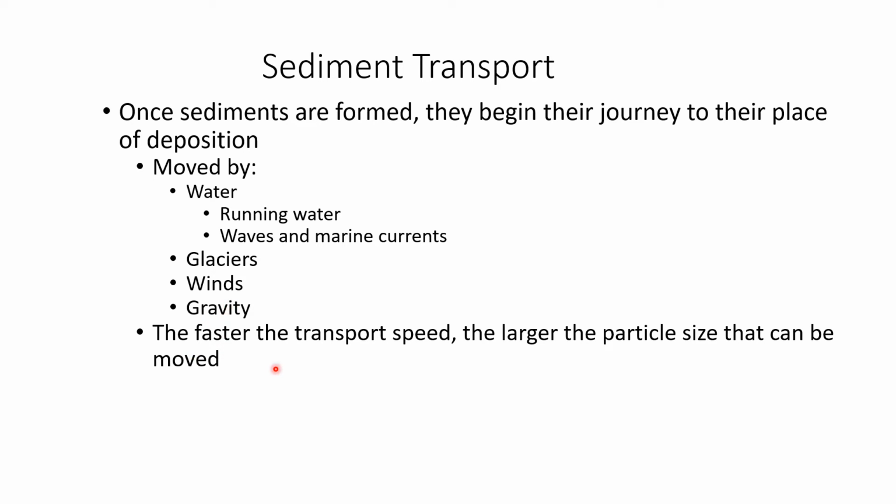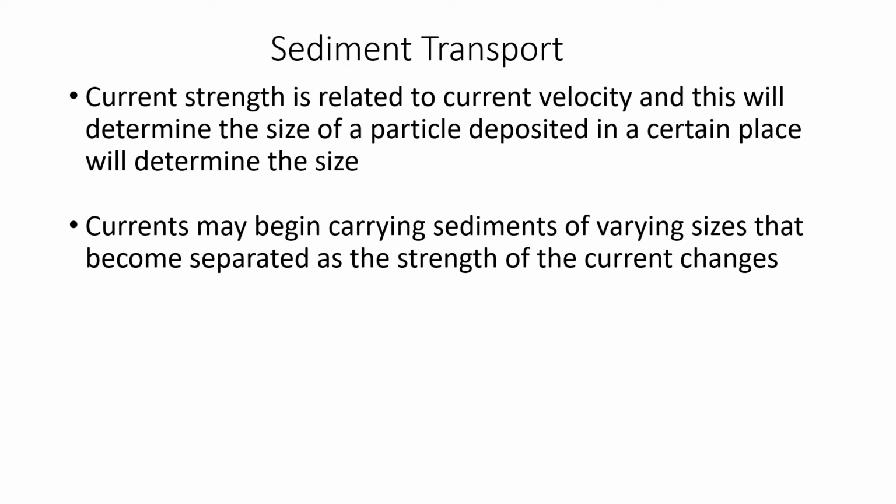The faster the transport speed, and this just makes common sense, the larger the particle size that the water or the glacier can move. Current strength is going to be related to the current velocity, and that velocity will determine the size of the particle that can be picked up and moved.